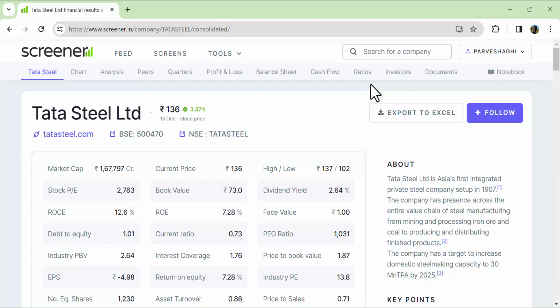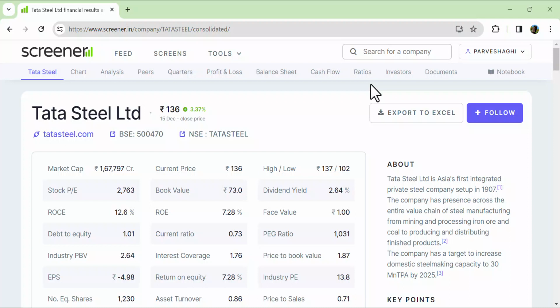Some companies trade at some profit, but when you look at the PE ratio, they give a very high PE ratio because the EPS is very less. What is the EPS? Minus. So actually the PE ratio calculation is wrong here. For companies with negative EPS, the PE ratio cannot be calculated. Maybe because it's all formula driven, the screener formula has calculated the PE ratio. I don't know on what basis, but this is not the right PE ratio.